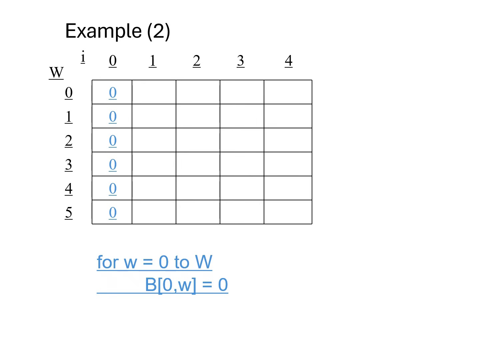And now we are going to fill the first row, and it has the meaning that if your capacity is 0, then whether the item is 1 or 2 or 3 or 4, your gain would be 0. You cannot get any benefit if you have a knapsack that has 0 capacity, so you cannot pick an item. So that's why these greens are there.